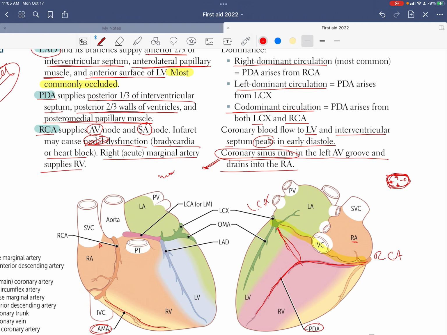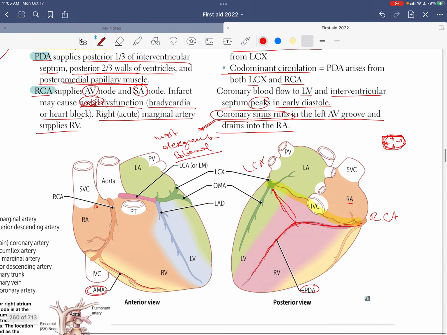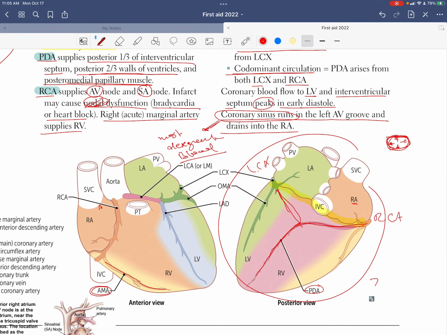And this is something really important to know: the coronary sinus has the most deoxygenated blood in the whole body, because the heart muscle takes up to 70% of the oxygen that it gets, so it uses a really big amount of oxygen.